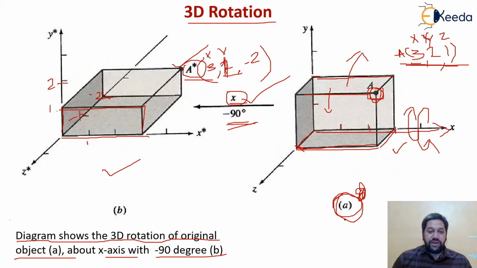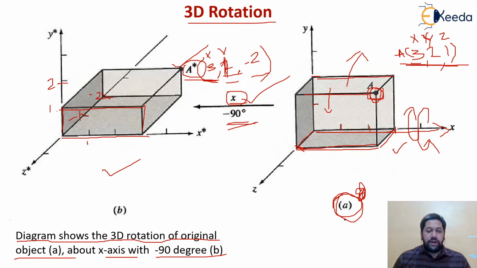And now I have got the new values: x value will not change, so it is 3, y value is 1 now, but the z value is -2. Okay, so I hope all of you understood. This is all about showing visually how the original object rotated about x-axis with -90 degree and how it will appear.